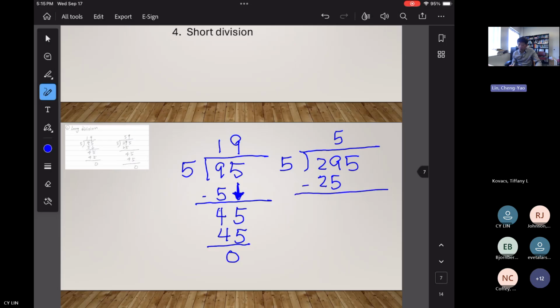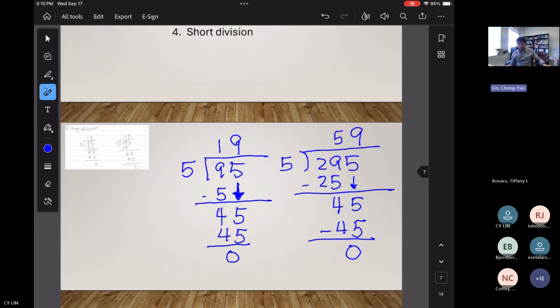So you subtract 29 minus 25, you got a 4. And then you bring down the 5 right there. So we have 5 times 9 equal 45. Subtract this, we got a 0. All right, so long division, okay?